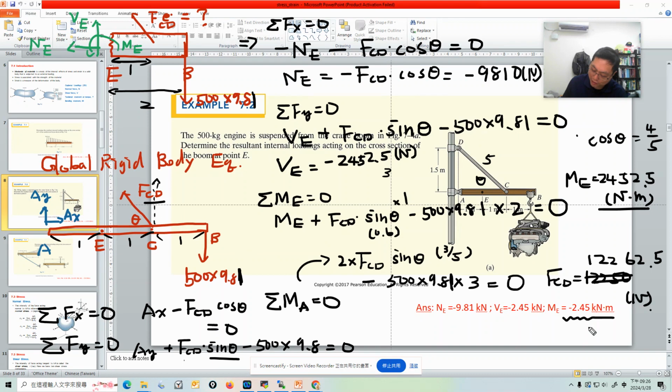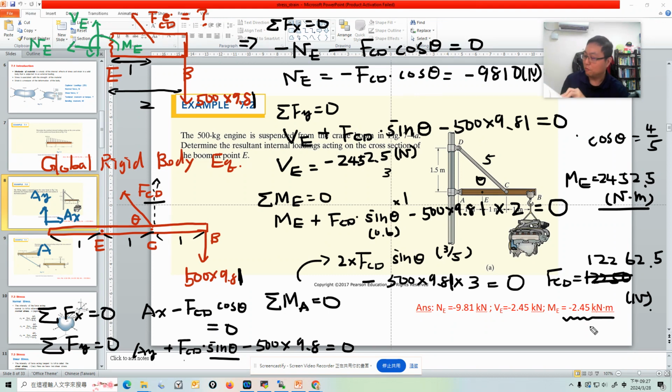The reason for the textbook to get a negative sign is because it's calculated from the left, not from the right. You cannot see it.